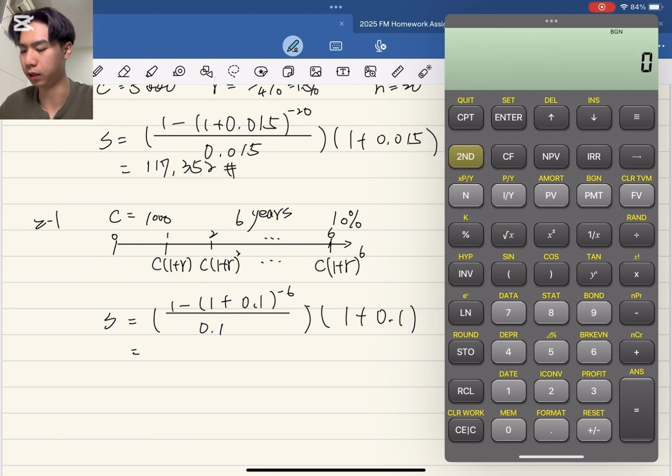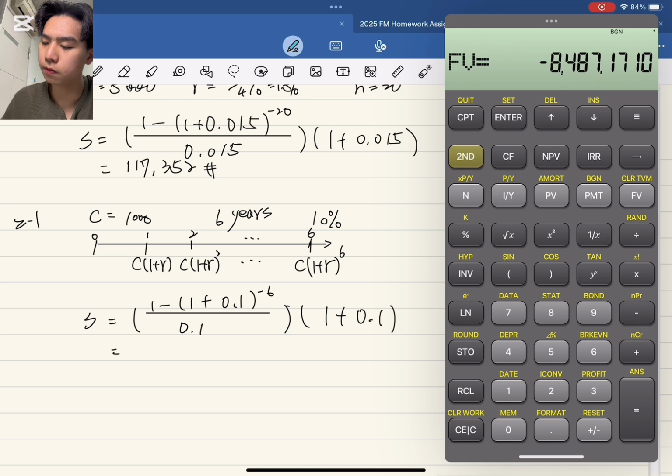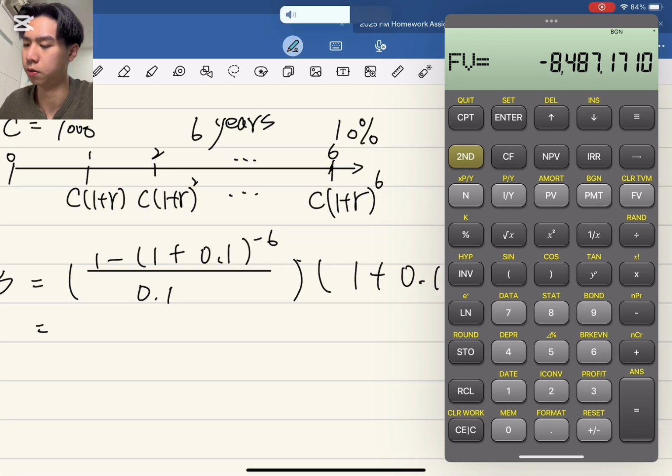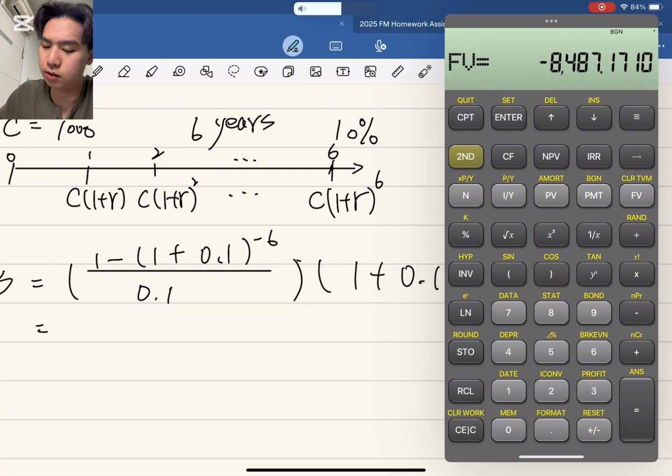And payment 1,000 each year. Compute. We forgot to add the minus to payment. The future value will become minus $8,487.